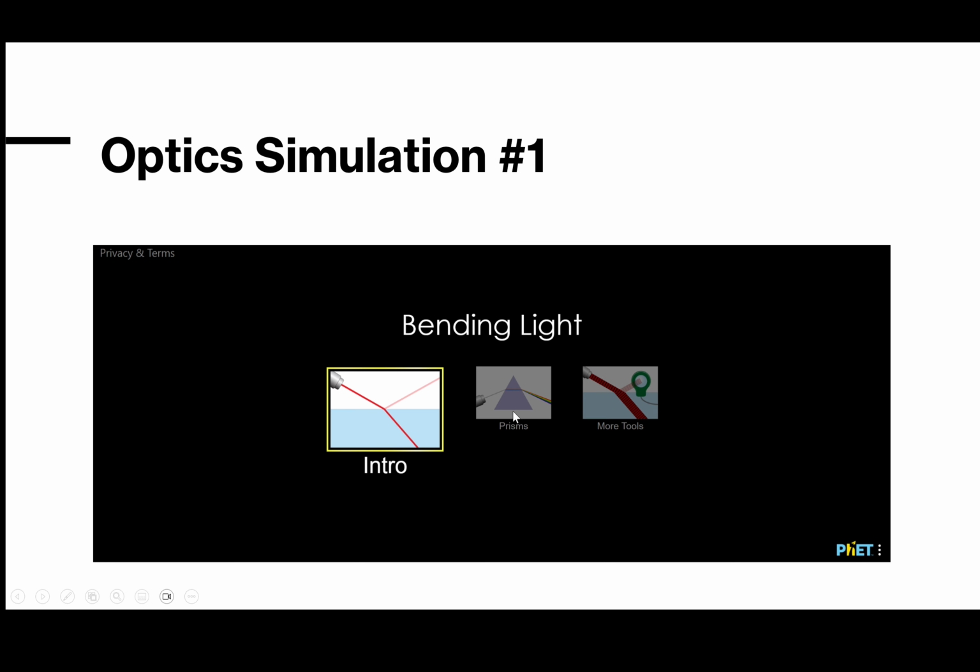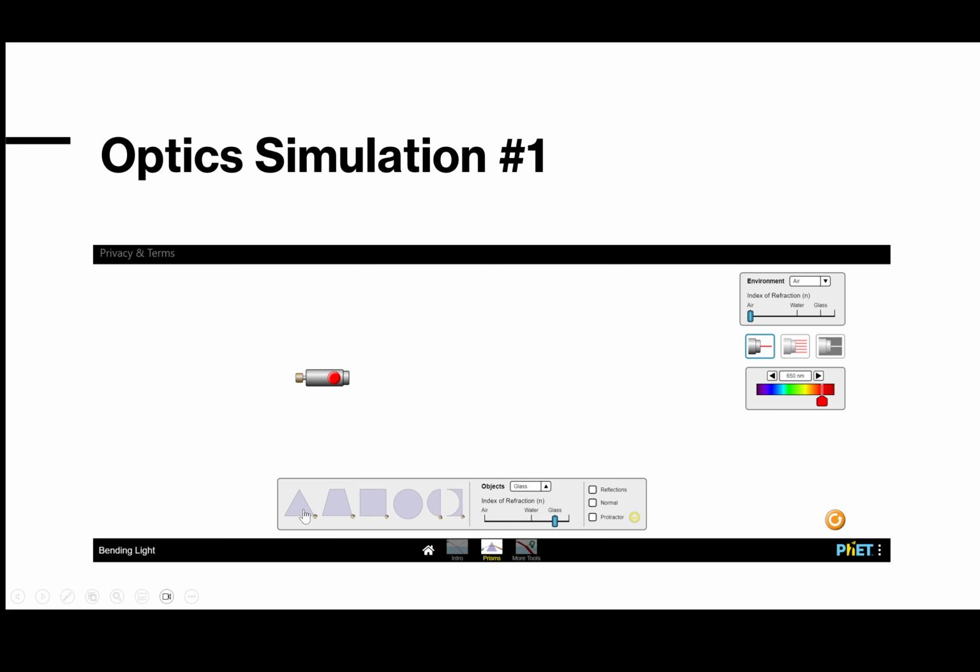Let's have a look at this. Let's use a simple prism and shine light at an angle. I want to see the reflection more than everything else.